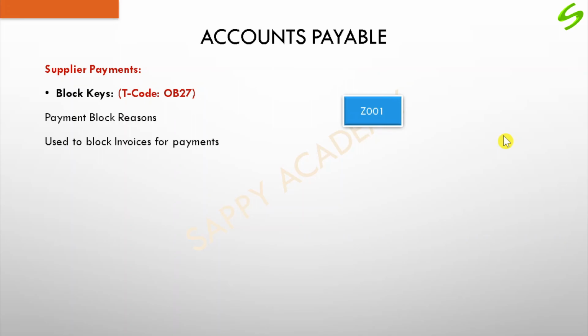Let's look at an example. Let's say I have a payment term Z001, and under this payment term I have defaulted block key A, and I am posting an invoice and giving Z001 in the invoice payment term field.